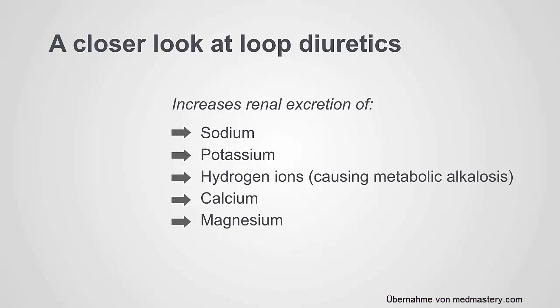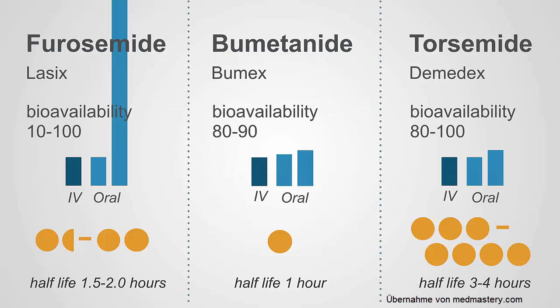This will increase the renal excretion of sodium, potassium, hydrogen ions causing metabolic alkalosis, calcium, and magnesium. Now there are 3 loop diuretics, and they have all different characteristics. The one we're most familiar with is furosemide, goes by the trade name Lasix, but there's 2 others. There's bumetanide and torsemide.